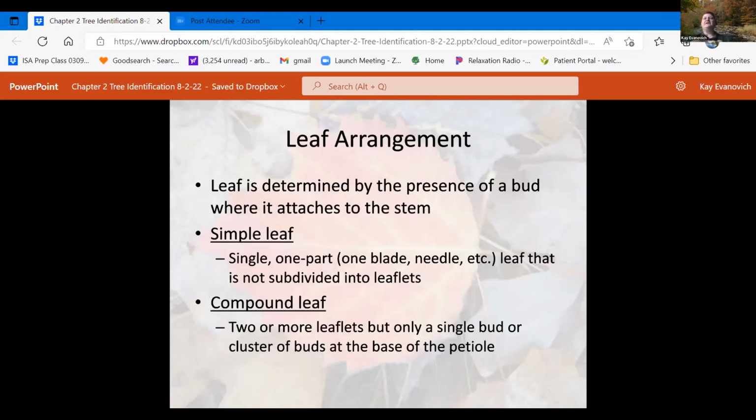All right, leaf arrangement. Leaf is determined by the presence of a bud where it attaches to its stem. On a simple leaf, you have a single, one part, one blade, one needle, that is not subdivided into little leaflets, right? A compound leaf is two or more leaflets, but only a single bud or cluster of buds at the base of that petiole.